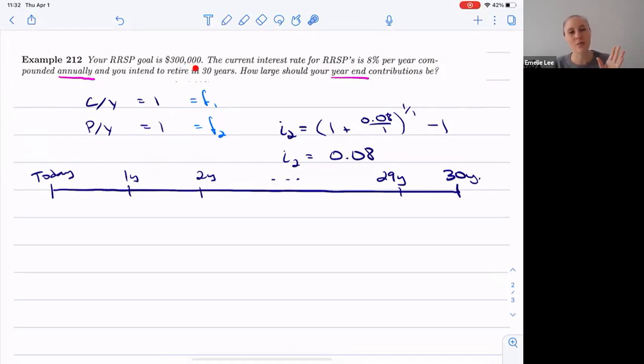Whenever you're talking about saving money, some sort of savings goal, it's always going to be a future value.